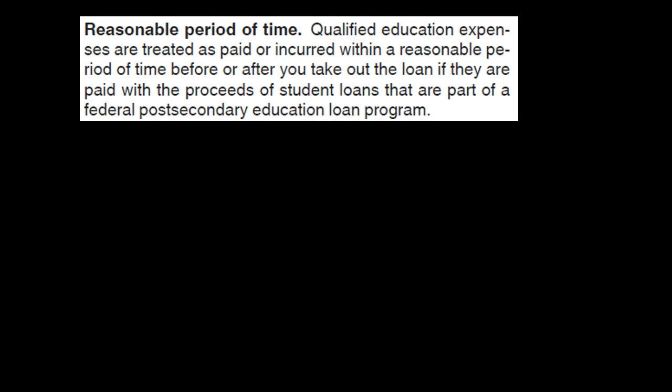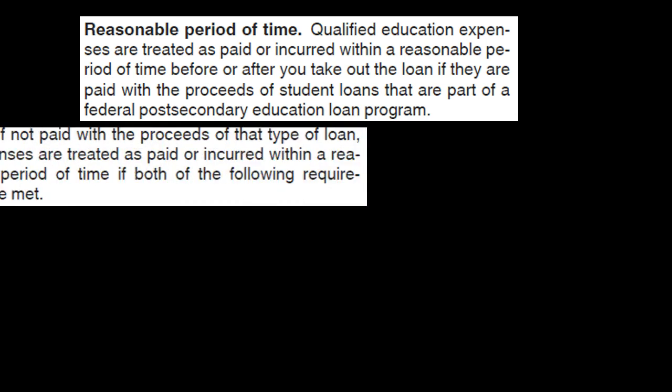Reasonable period of time. Qualified education expenses are treated as paid or incurred within a reasonable period of time before or after you take out the loan if they are paid with the proceeds of student loans that are part of a federal post-secondary education loan program.